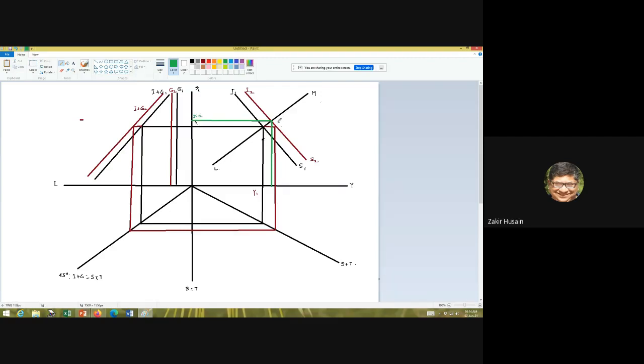So R2, this is E2, this is E1, this is Y2.